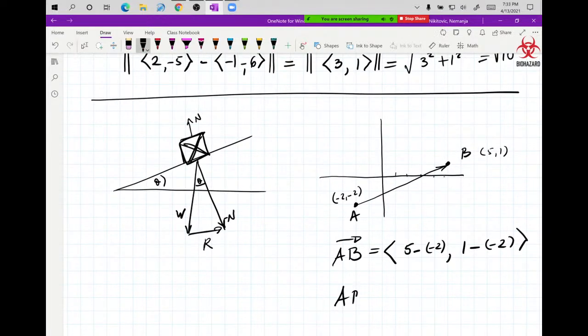So vector AB is 7, 3. And if you count, you actually see that it's 7, 3. 1, 2, 3, 4, 5, 6, 7, 3 up. 1, 2, 3. Good. Works. Of course it's going to work. It's math.